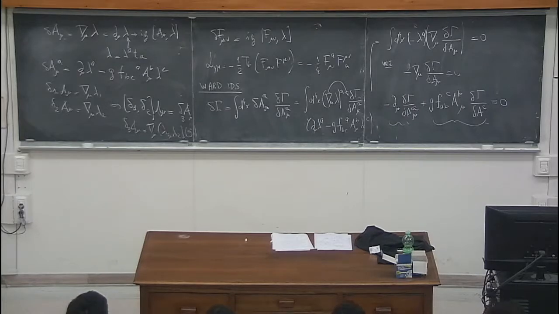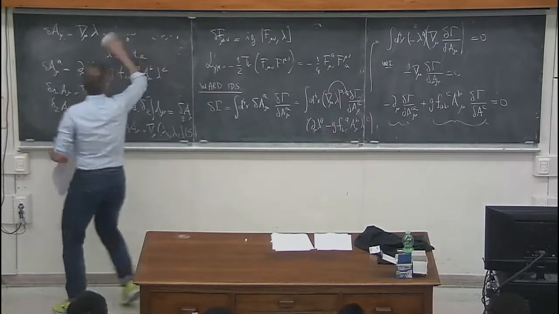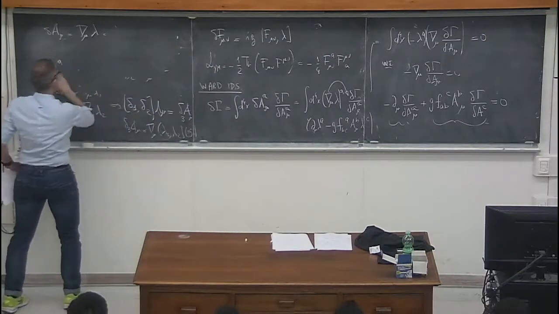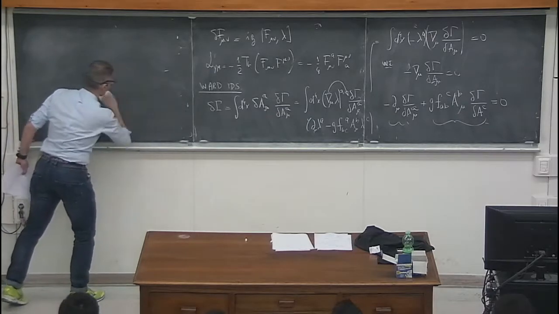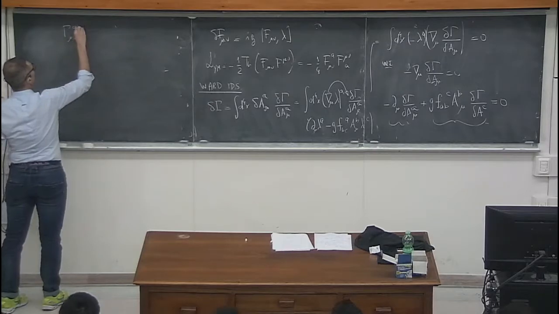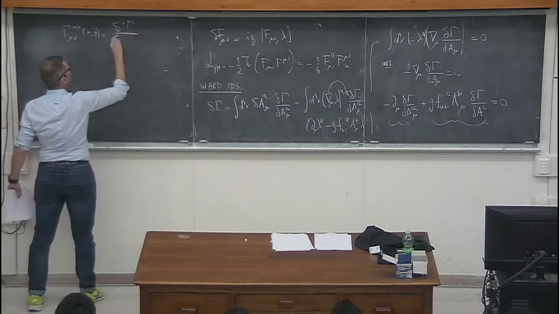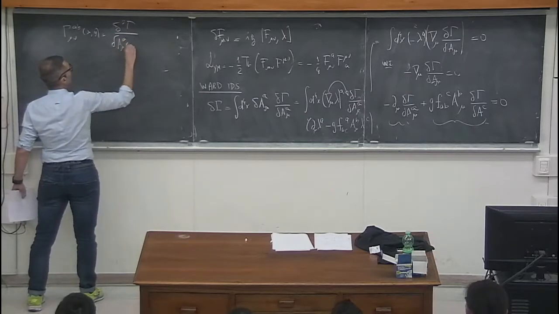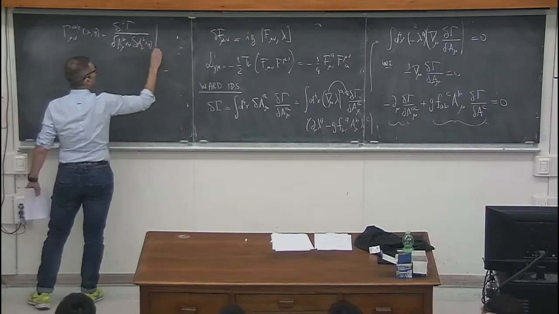So if you also add Maxwell or other fields, for example matter fields, they will appear in these Ward identities. Now, if I do the game that I did for Maxwell, for two-point functions, which means the following: I consider the two-point function Γ^{μν}_{ab}(x,y), which is just the variation of A^μ_a(x) A^ν_b(y), computed for A equal to 0.